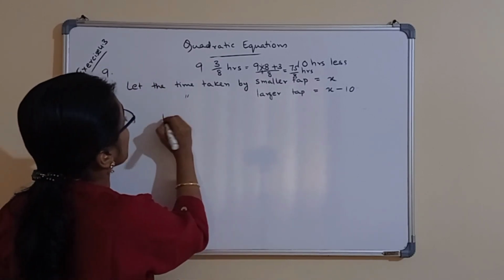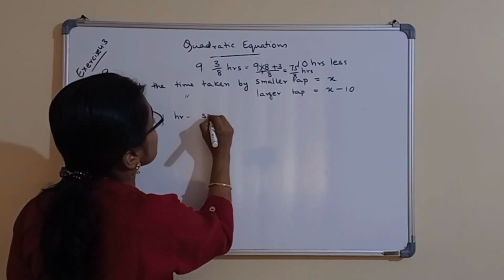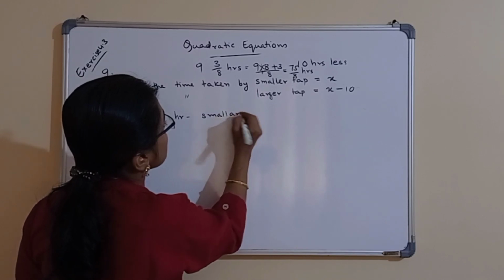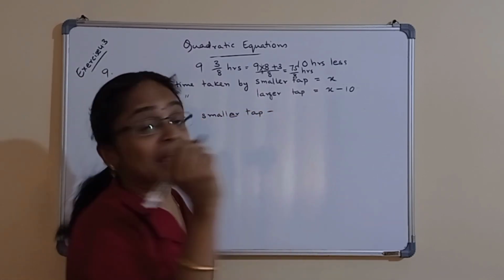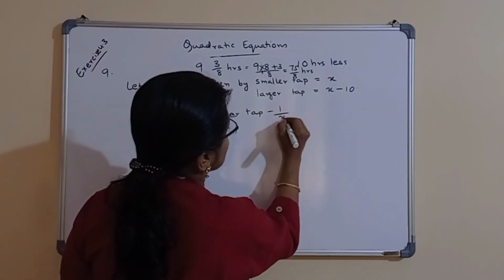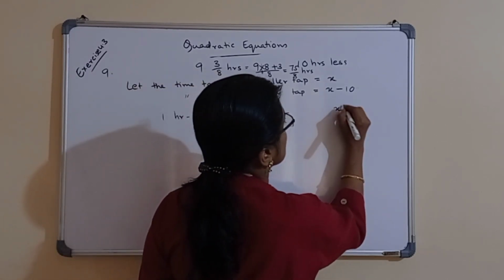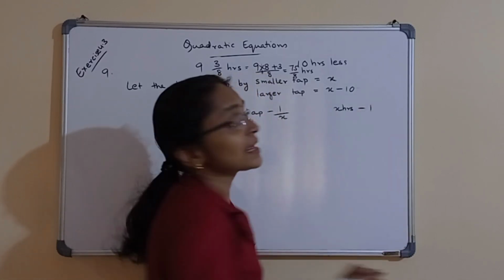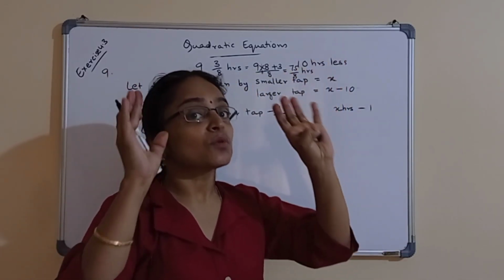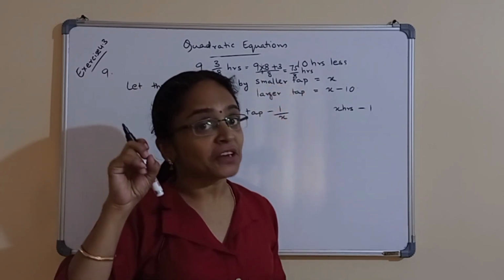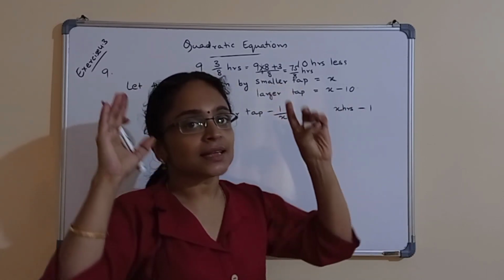And in 1 hour, the smaller tap will fill 1 by x of the tank, right? That is, if it takes x hours to fill the tank, let us say the full tank is 1. So if it is filled, it can be considered as 1.